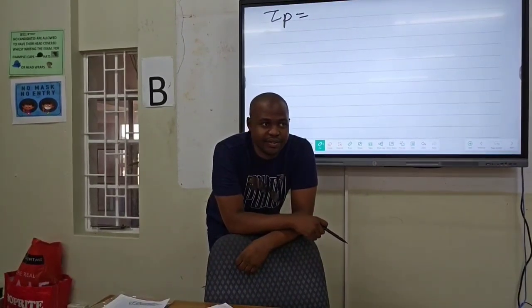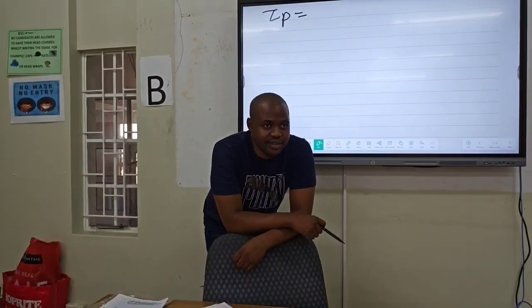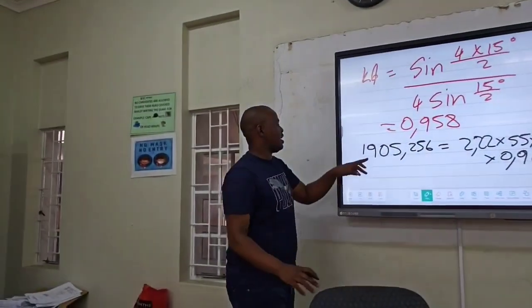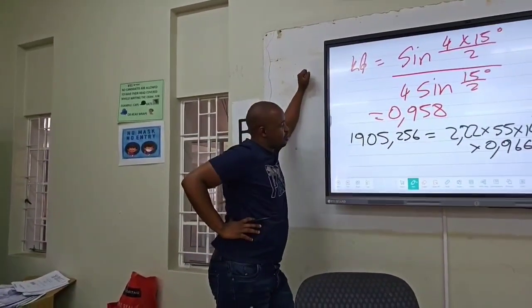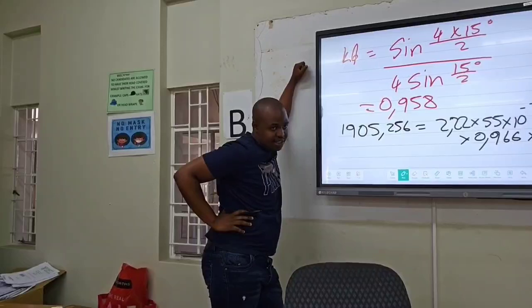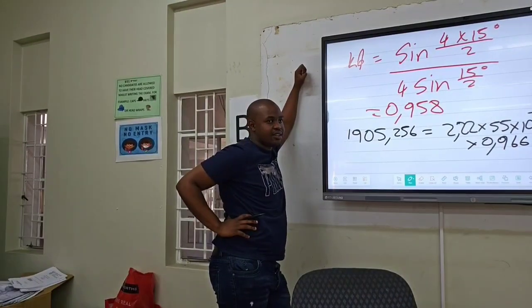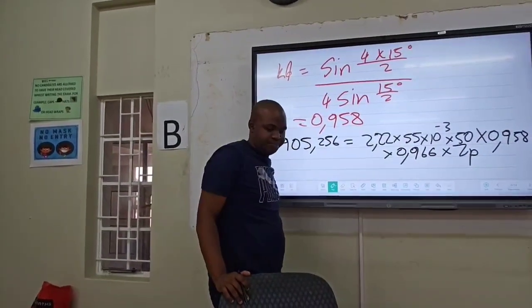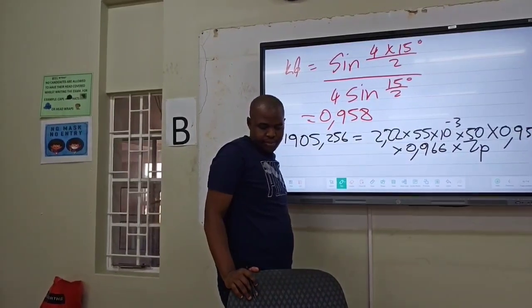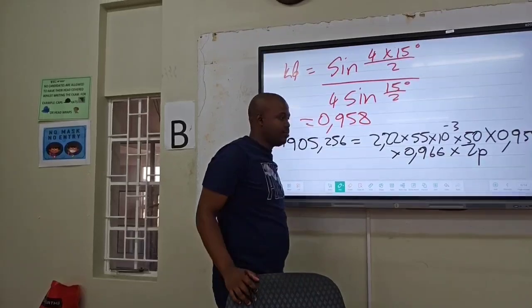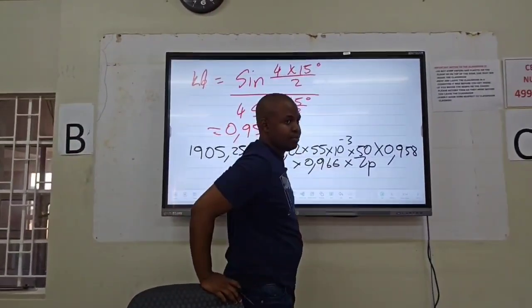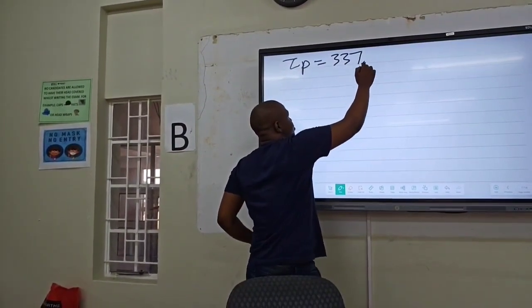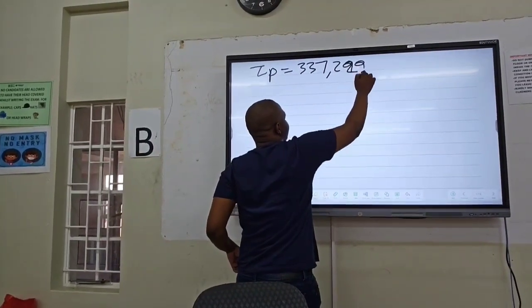So 19,0.5,256 divided by all those factors gives 337,229.